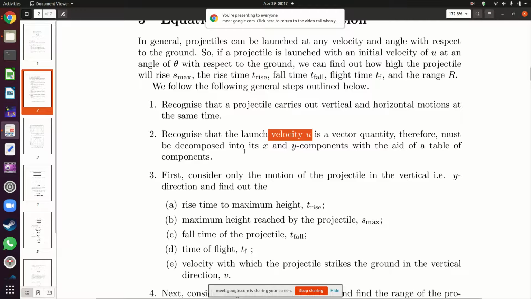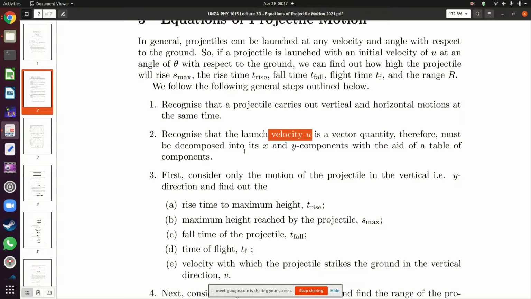Since we are interested in what's happening along the horizontal and what's happening along the vertical, it becomes very important for you to find out how much is this launch velocity along the horizontal and how much it is along the vertical. So when you're finding out how much a vector, in this case the launch velocity, is along the horizontal axis or the x-axis and how much it is along the vertical axis, what you are doing is you are finding the components of the velocity.